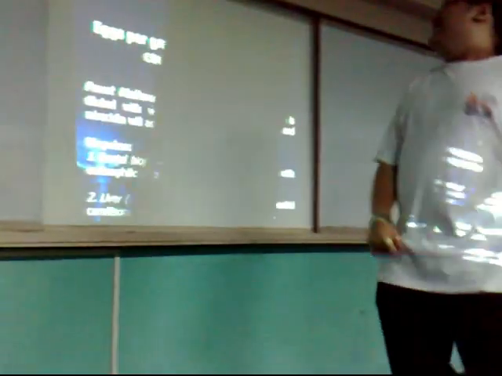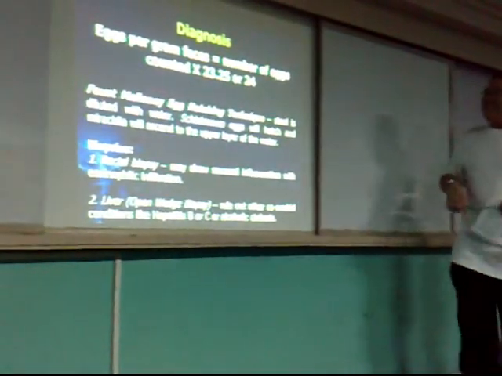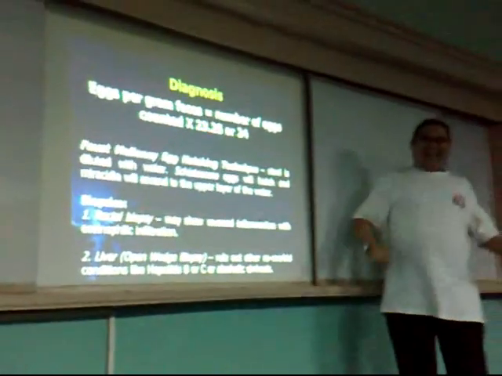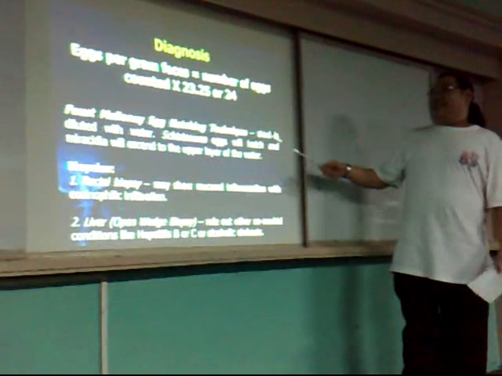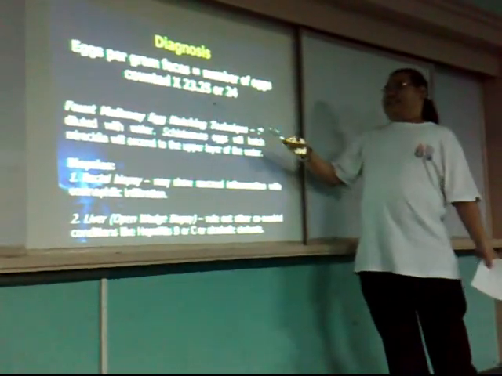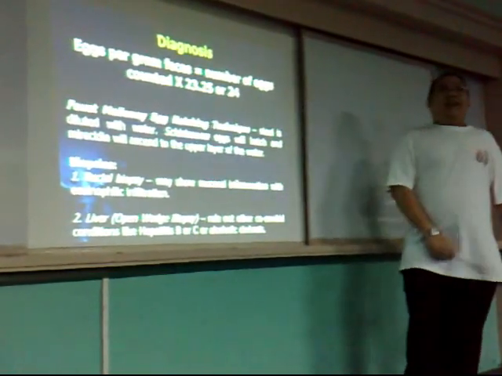To quantify this, the number of eggs that you have counted under the microscope, you multiply by a constant of 23.25 or 24, and this will give you your eggs per gram of feces.